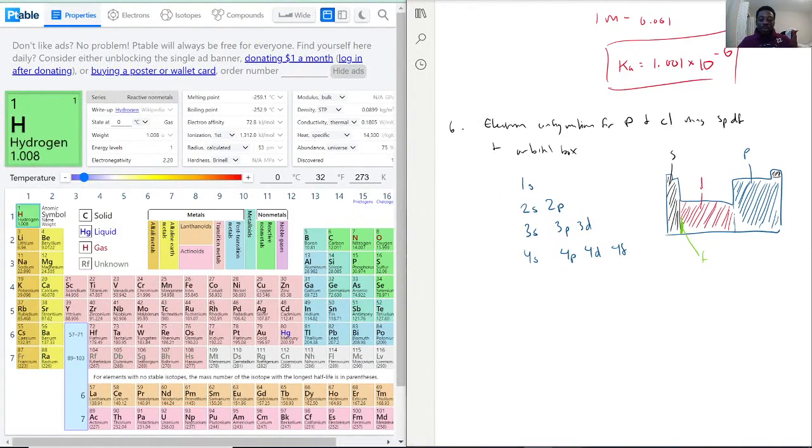So hydrogen will be 1s1, helium will be 1s2. So for both chlorine and phosphorus, we so far have 1s2. And so now we jump to the next row. We have lithium and beryllium, that would be your 2s2.